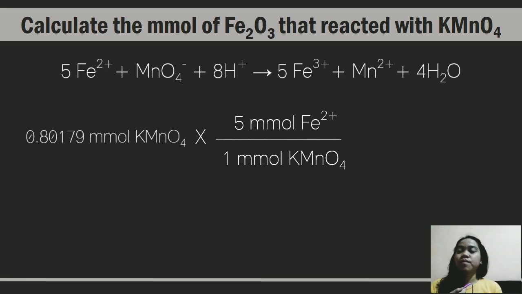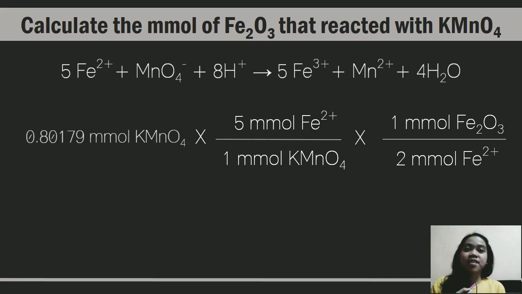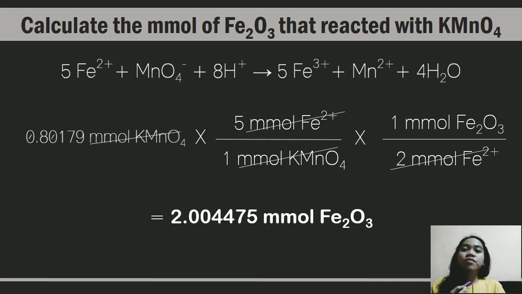So here the millimoles of KMnO4 will be cancelled out. Next thing that we need is the millimoles of the ferric oxide. So how many millimoles of Fe2+ are there in the ferric oxide? There are 2 Fe in Fe2O3. So there you go. We have now the millimoles of Fe of the ferric oxide, which is 2.004475.